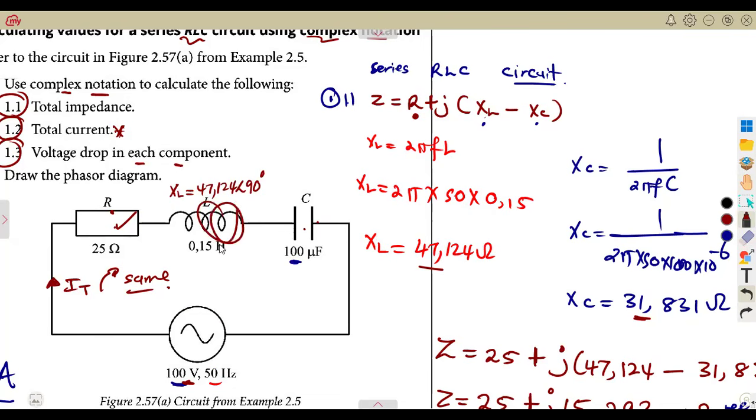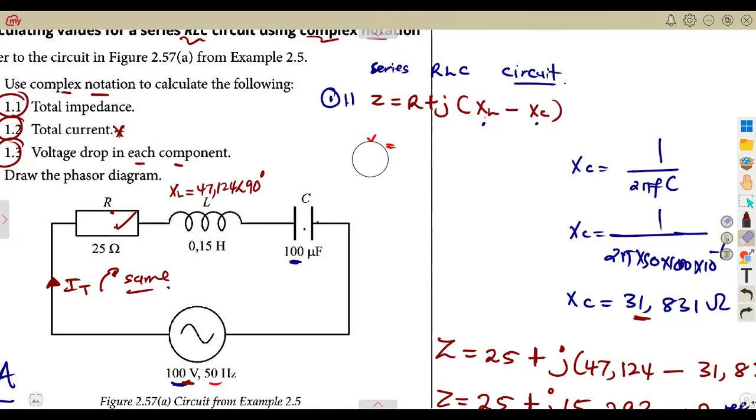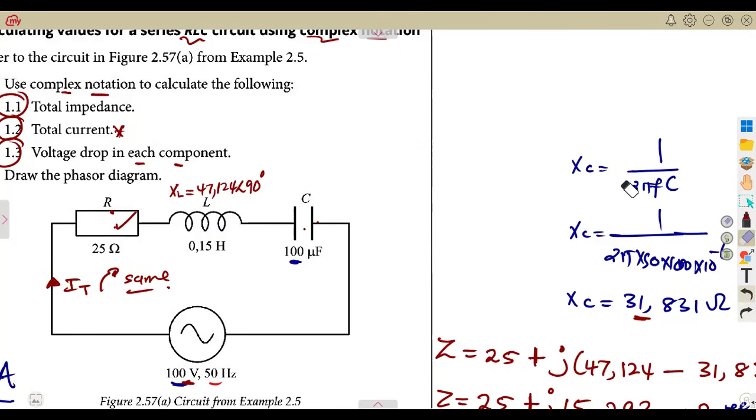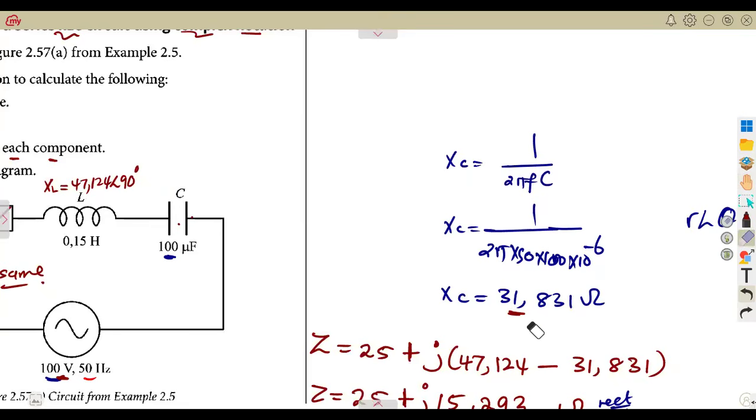Inductors are purely inductive on their own like that. The same applies to the capacitive part, but it will be negative now, so XC is 31.831 at an angle of minus 90 degrees.